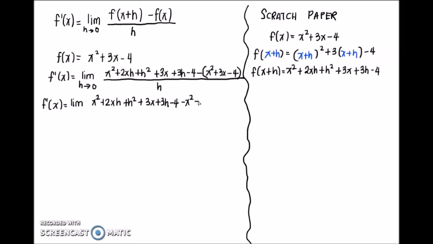Negative times 3x, that's negative 3x. Negative times negative 4, that will give us positive 4. All over h as h approaches 0. So, from there, let's combine like terms.